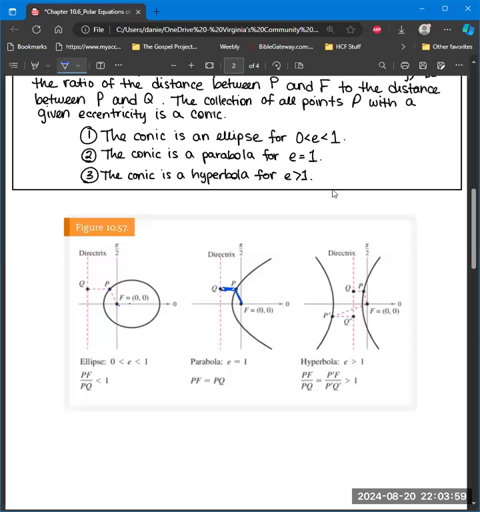And here for a hyperbola, the eccentricity is going to be greater than 1 here, which means that that PF right here, this distance from this point to this focus, is going to be bigger than to go from P to Q here.